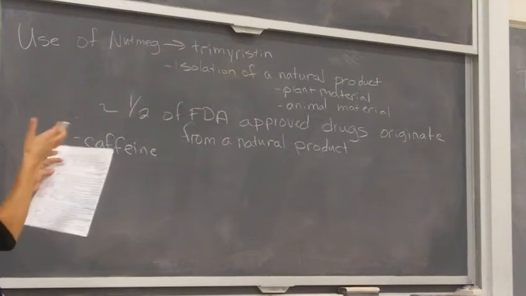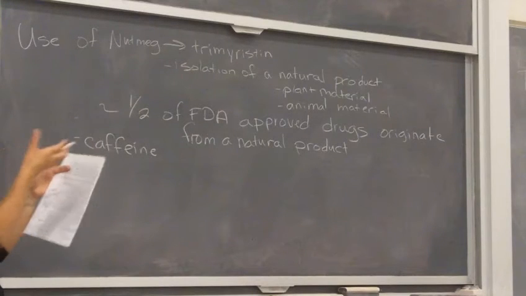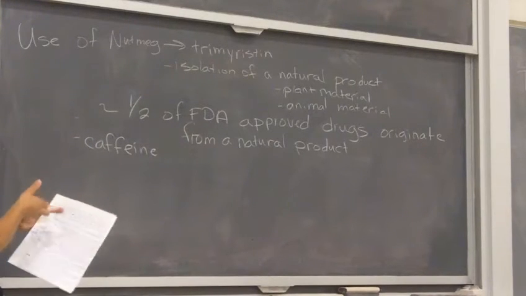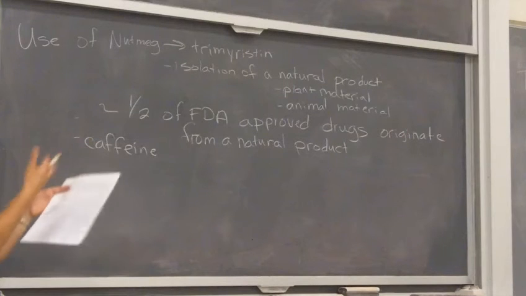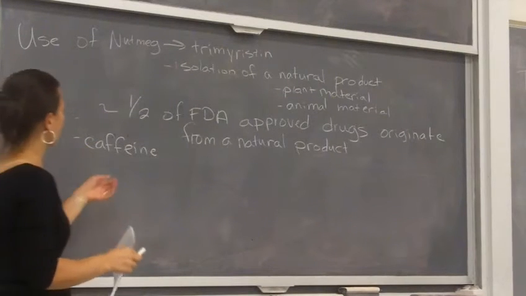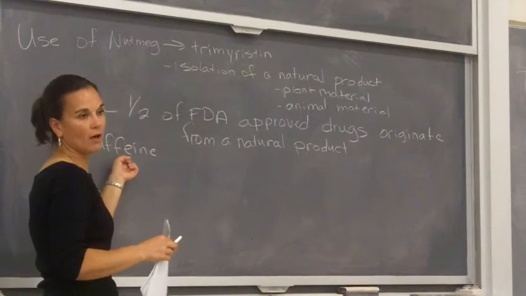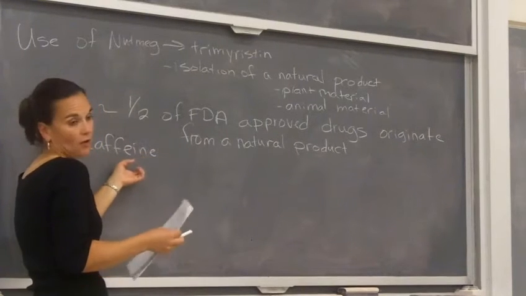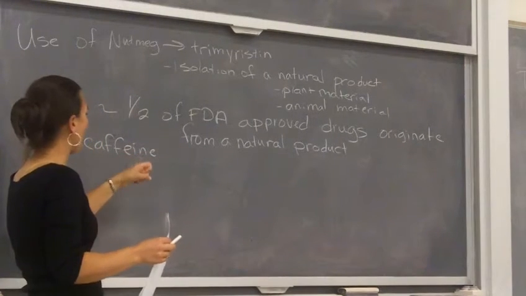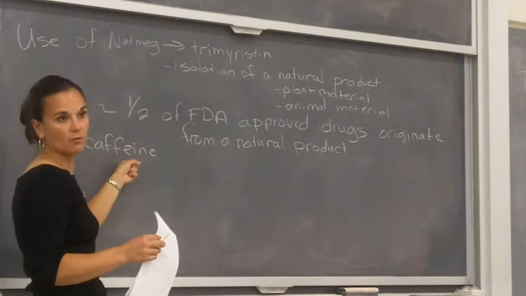We also extract pure caffeine to put into things like soda, which comes from an extraction process, okay? It's also been synthetically made, but this is an example of a natural product, all right?